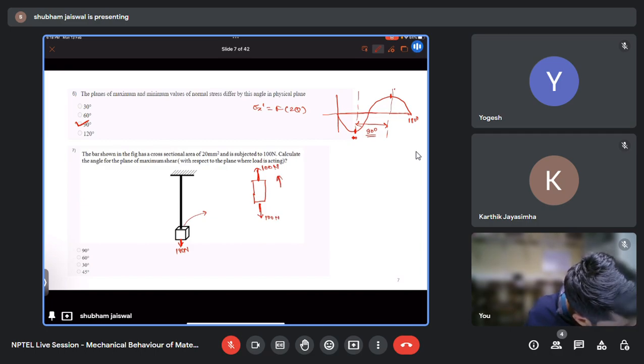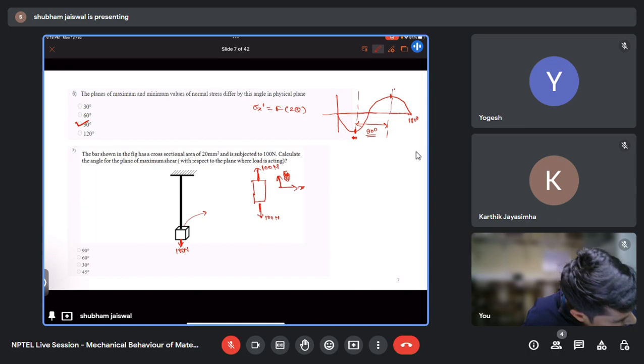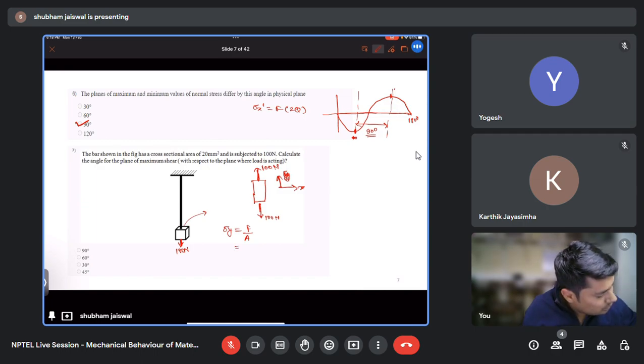Let's say this is my sigma y-axis, and this is my x-axis. Now, sigma y will be the force upon area. The force is 100 Newton and area is 20 mm square, so it comes out to be 5 megapascal.